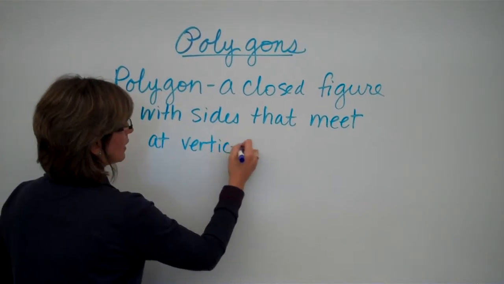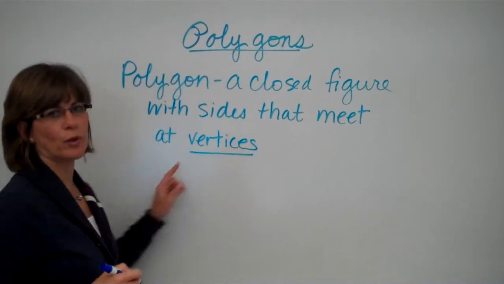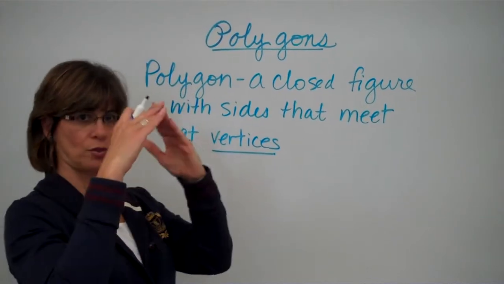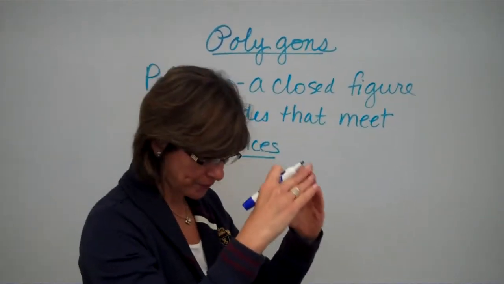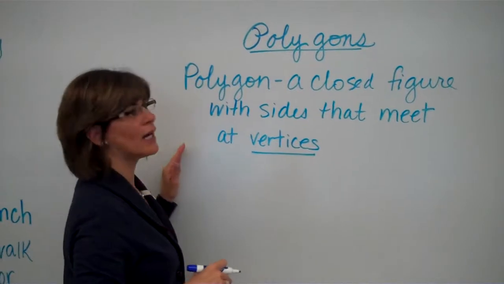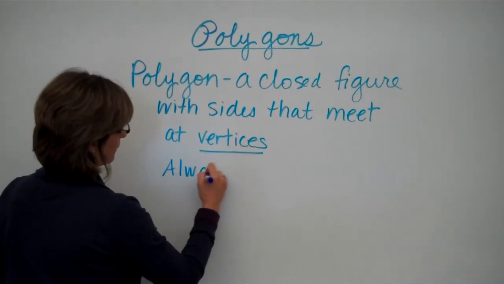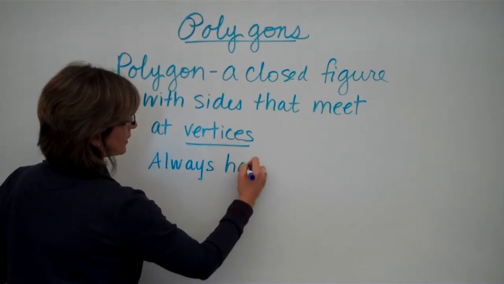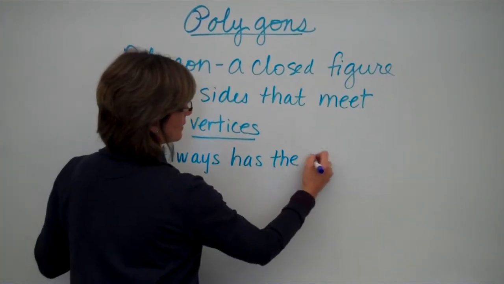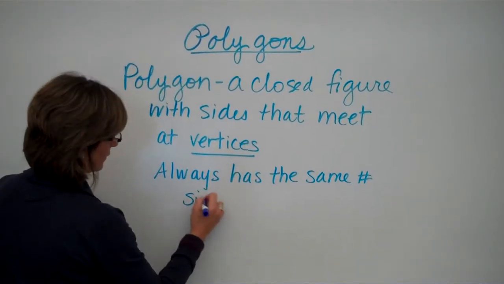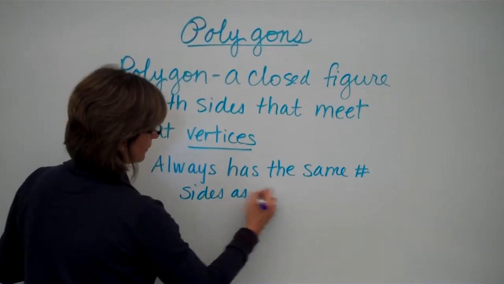And this is the plural form of the word, and the singular form is vertex, which is the point where two segments come together. And a polygon always has the same number of sides as angles.